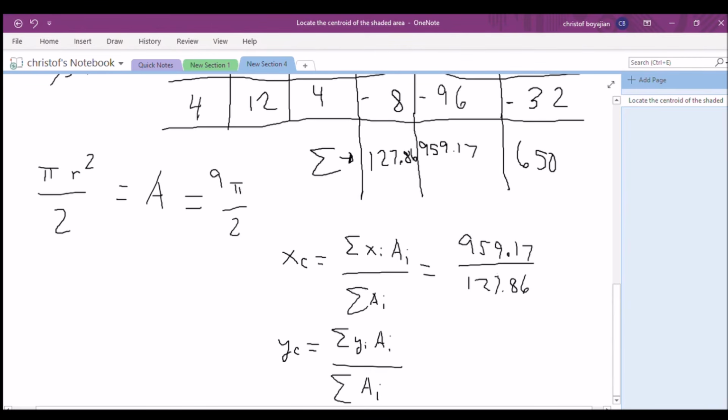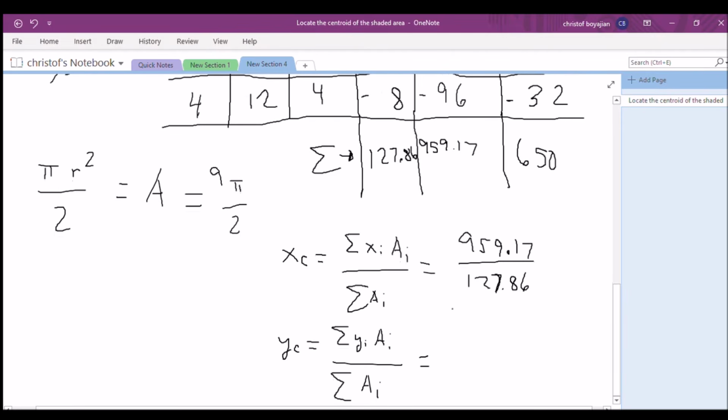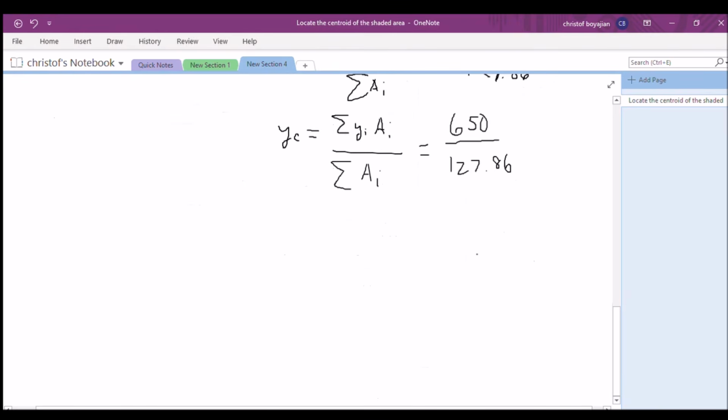This is a 7. And then our yi ai sum is 650 down here after we concluded our sums, divided by our total area, again, 127.86.